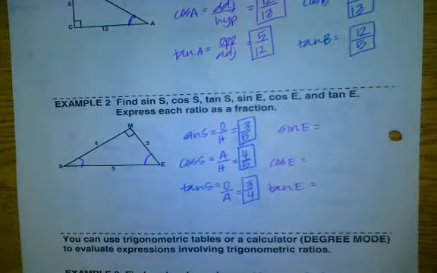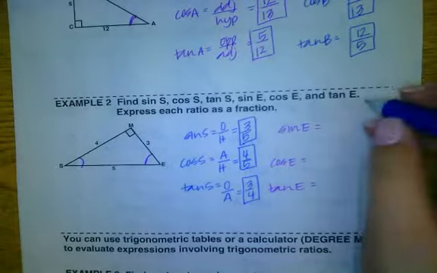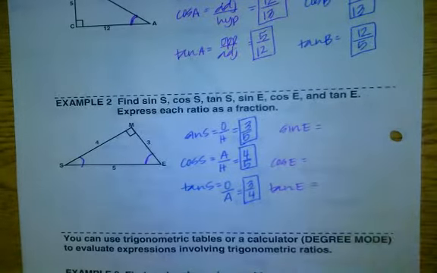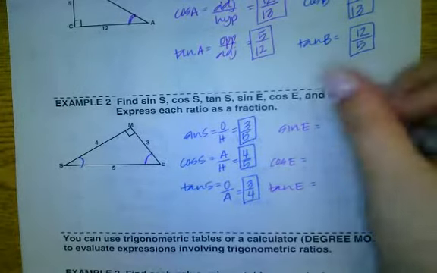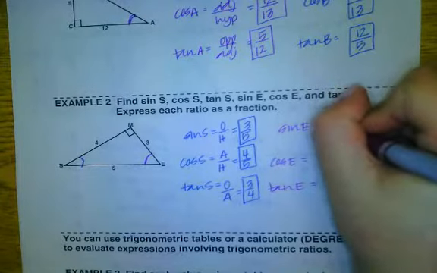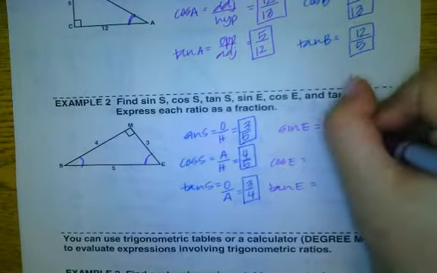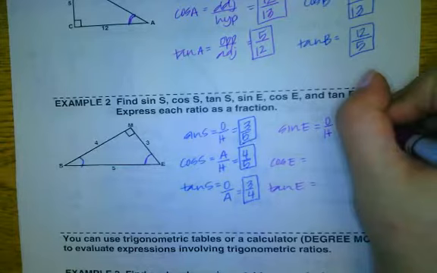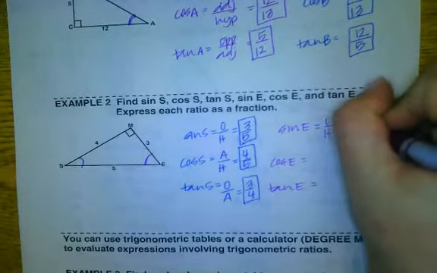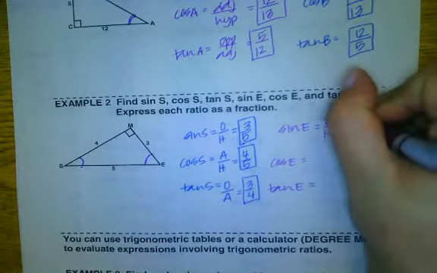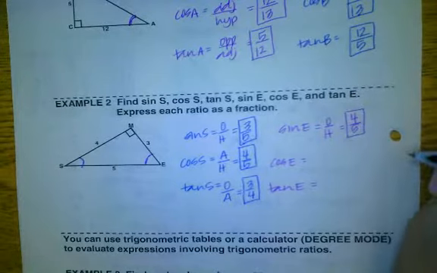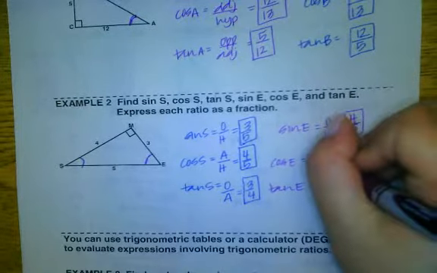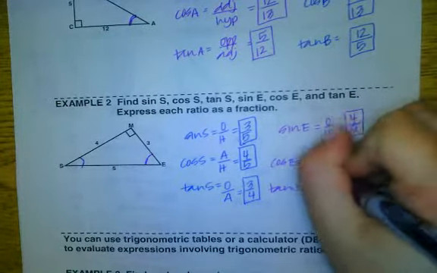Katie, back to sine, how do we find it? Opposite over hypotenuse, and the sine of angle E is what? 4/5. Do we agree with her? Awesome. Andrew, cosine, how do we find it? Adjacent over hypotenuse, your ratio is?